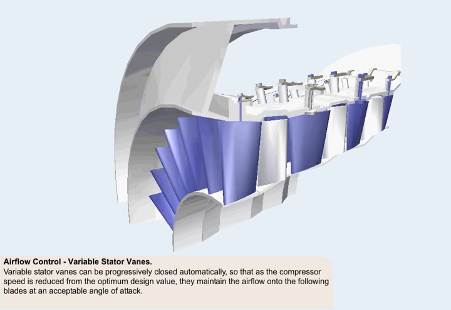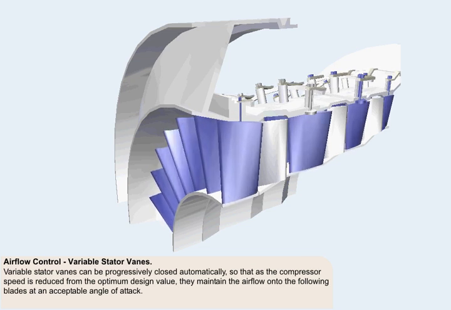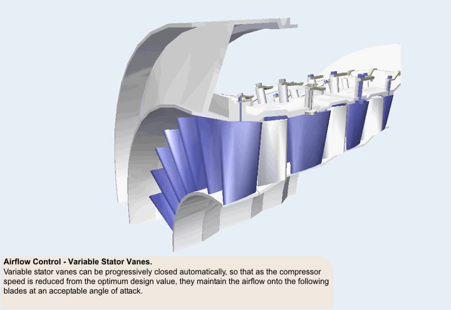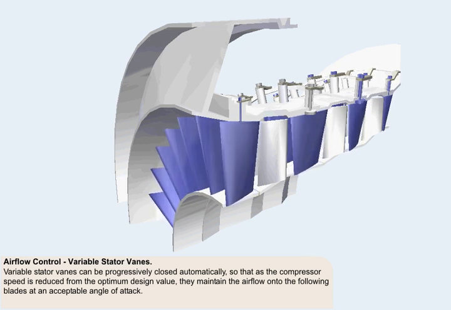Variable stator vanes can be pivoted automatically so that as the compressor speed is reduced from the optimum design value, they are progressively closed to maintain the airflow onto the following rotor blades at an acceptable angle of attack.